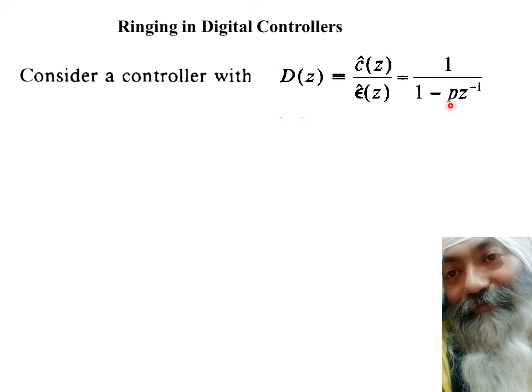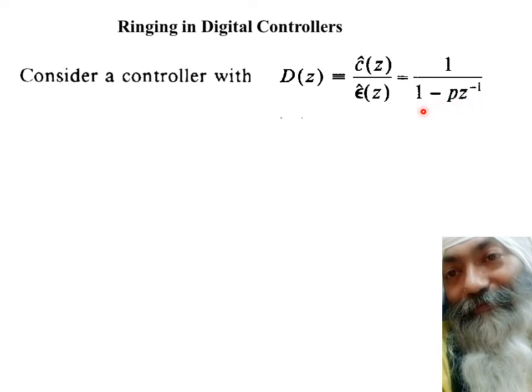So this is the first prerequisite we take into account, that the pole lies within the unit circle, otherwise the system will become unstable. There is no point in moving ahead with those kinds of poles in any case.